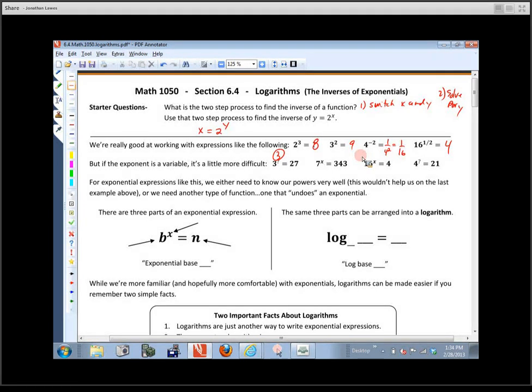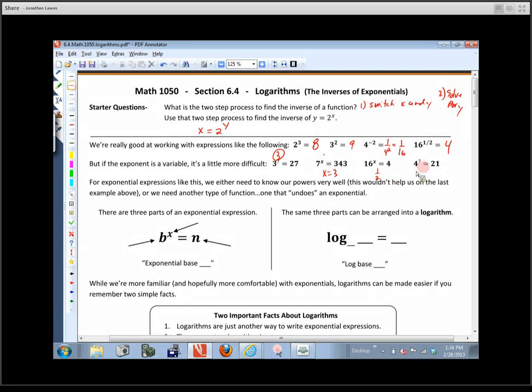I saw some calculators get pulled out there. It happens to be 7 to the third, okay? So that x in this case would have to be 3. 7 to the third equals 343. This one right here's not very hard because we just answered it right here. It's the same expression, it's just a different part of that expression that's missing. So the answer here would be 1/2.